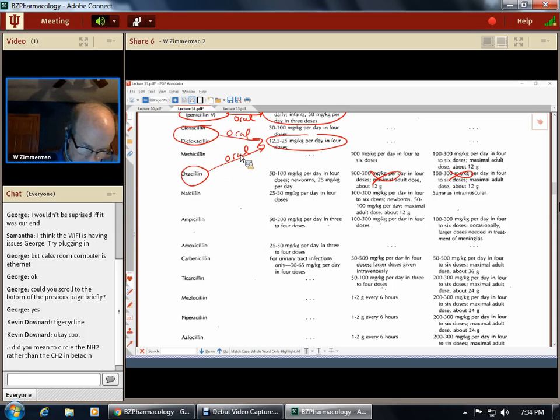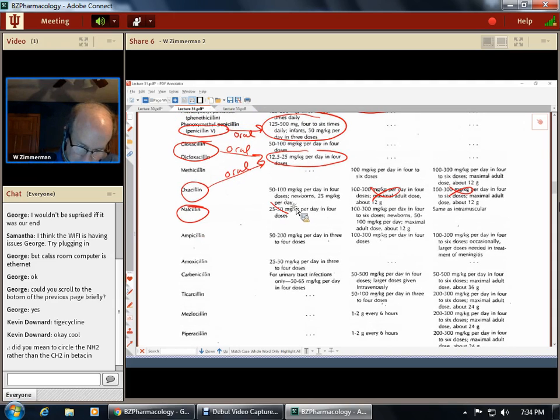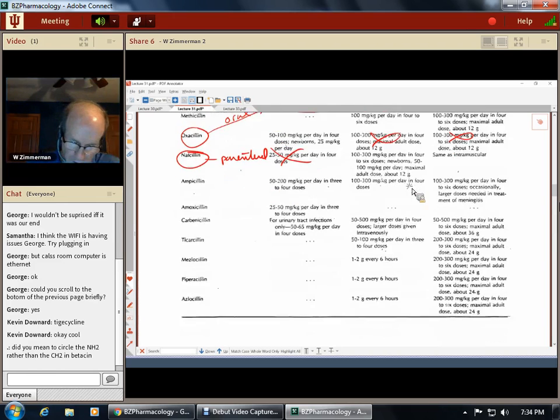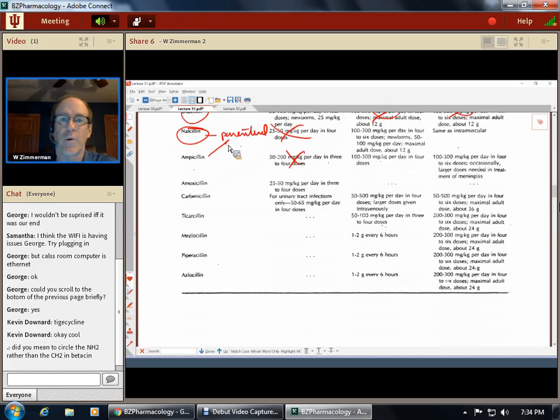The methicillin, which is not on our drug list, the nafcillin. Scratch out oral. It's really got to be parenteral. And the ampicillin, yeah, you can give it orally, but nobody would anymore. Ampicillin has to be parenteral. The amoxicillin, of course, the only reason we have it is because of its oral use.